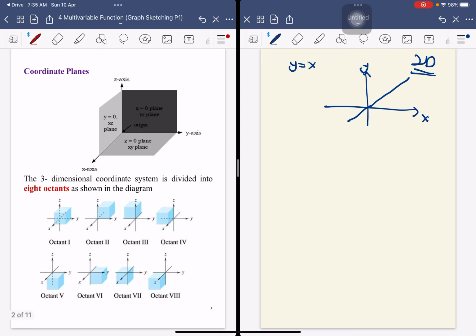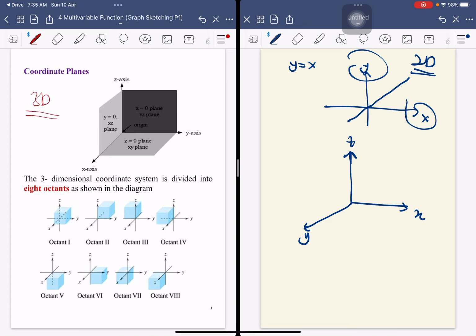When we talk about a 3D graph, instead of 2 axes like this, now we have 3 axes: x, y, and z. In a 3D graph we're going to have coordinate planes.